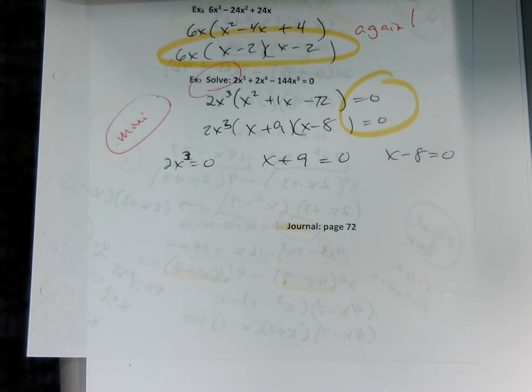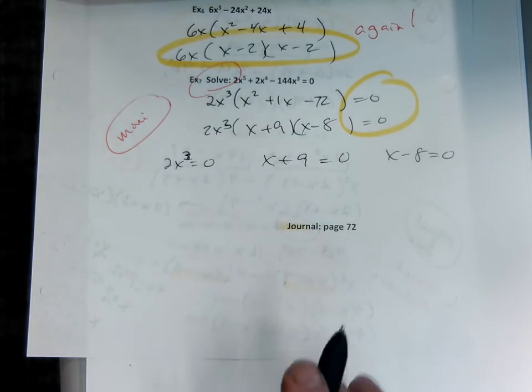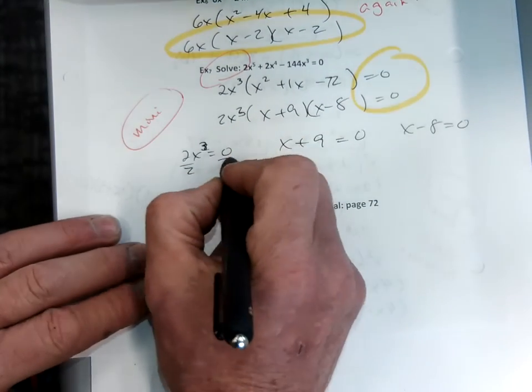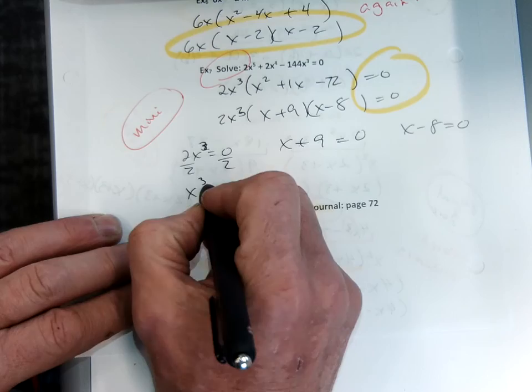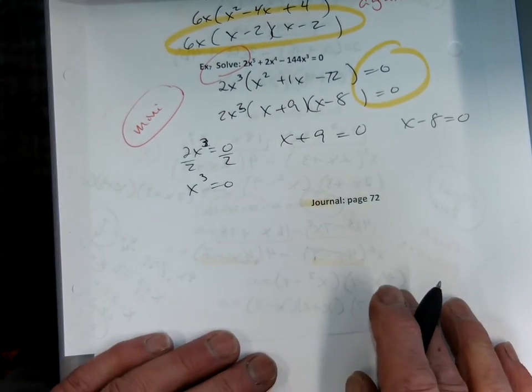Yeah, Tava? I thought the highest exponent was how many answers you got. Right, so we need 5 answers. I was hoping somebody would ask that. I'm going to answer that in just a minute, okay? So divide by 2, x cubed equals 0, right?